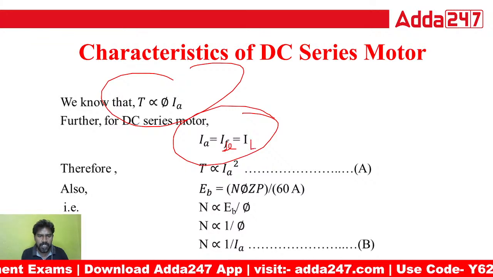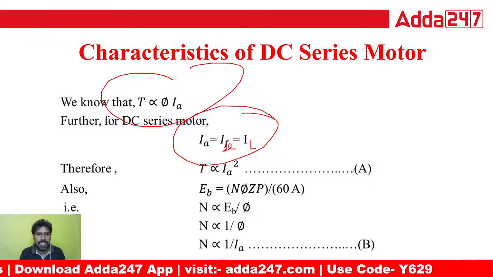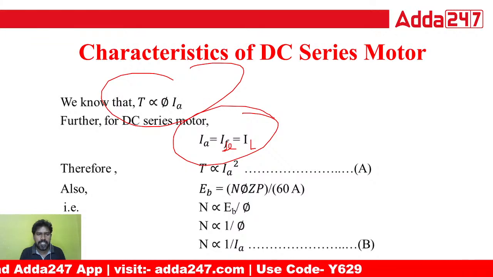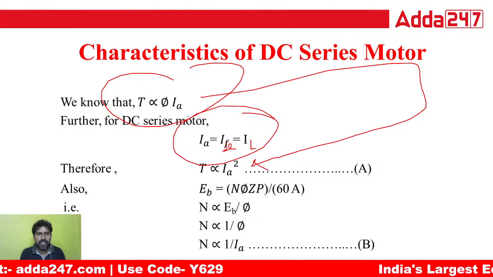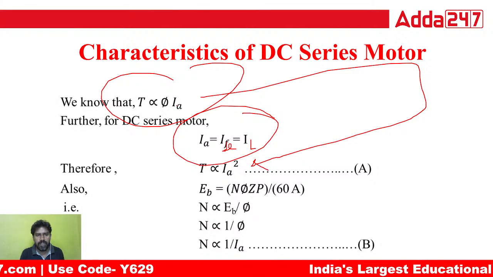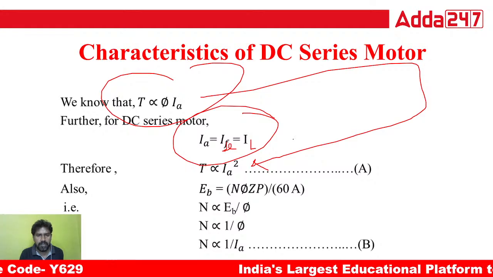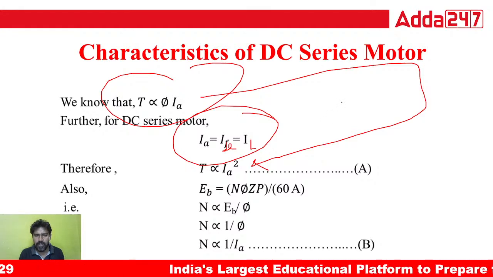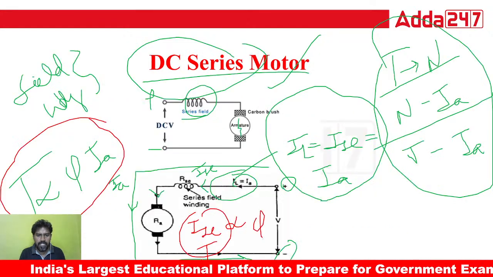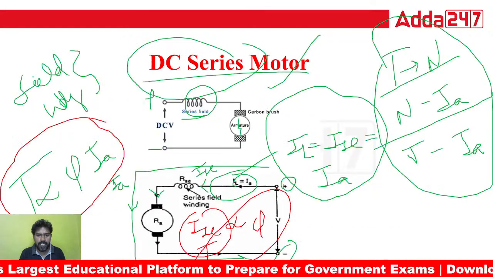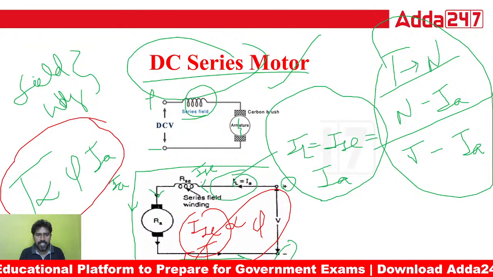So all are equal. Torque is directly proportional to flux into Ia, but flux is directly proportional to Ia from this winding.